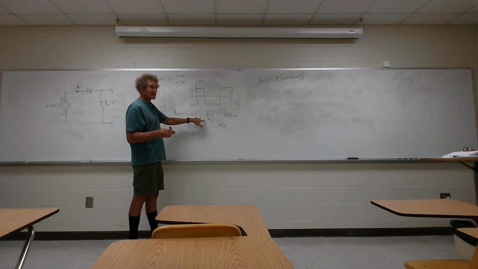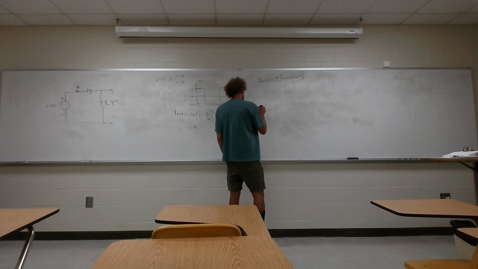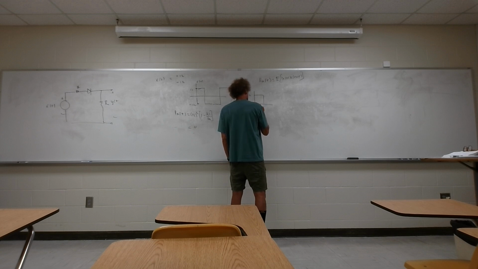Now, why does it look like this? The easiest way to see this, in my opinion, is to think about two pulses. Here's the first pulse. It has a value of 12. And here's the second pulse, but it's skewed by TA. So the second pulse is going to be this.